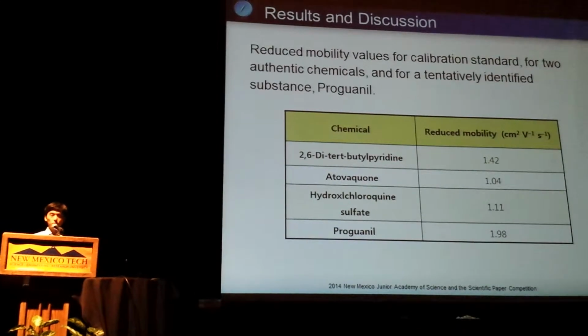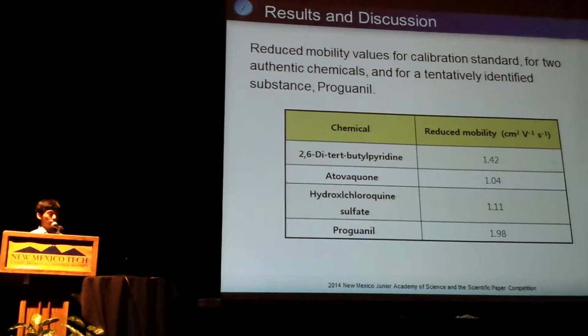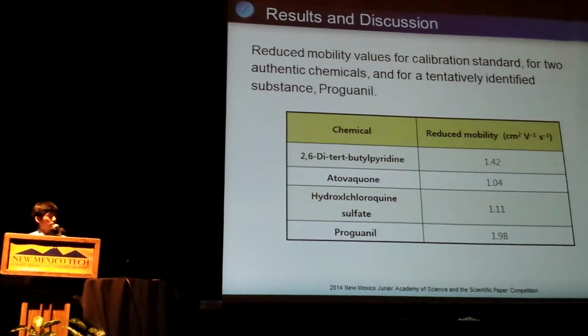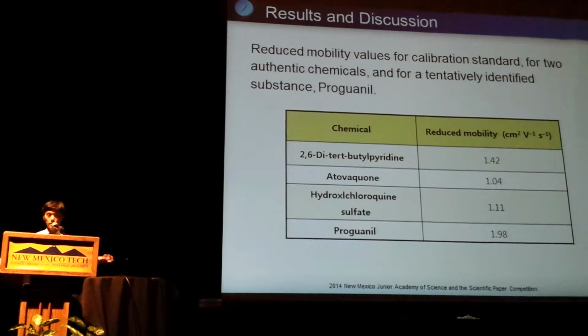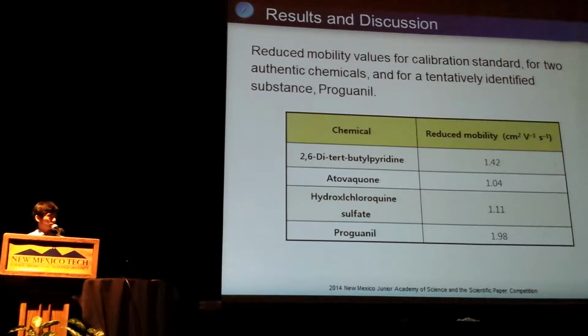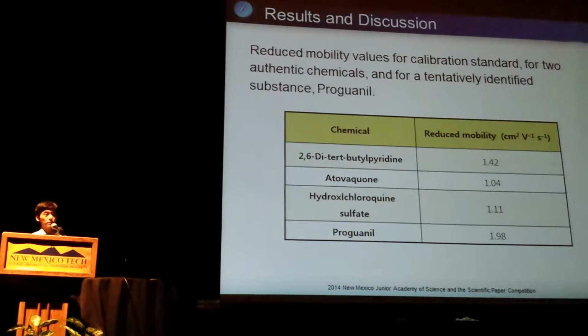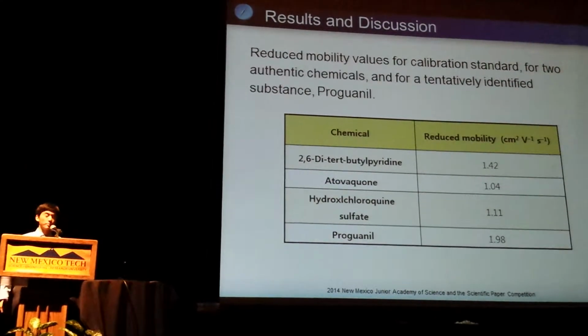If anyone else wanted to do an experiment with these chemicals in the IMS, they could use these numbers as a reference. Since every drift tube is different, they could use these to calibrate, because these numbers are relative to the chemical itself, not to the drift tube or the experiment.